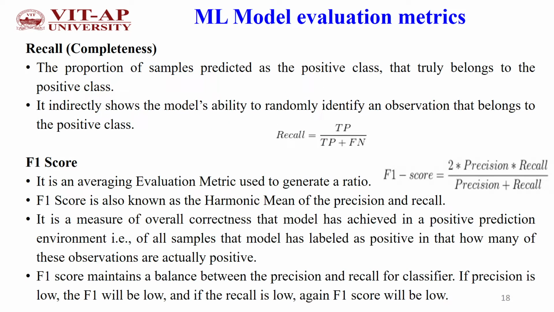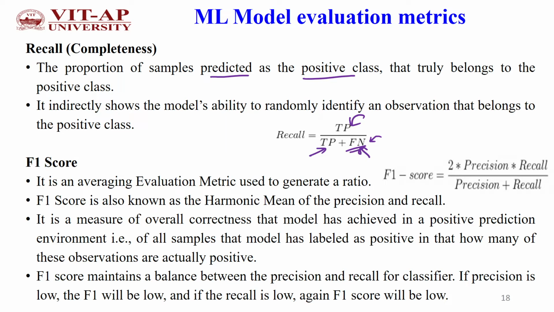Then recall is another measure which is used to predict the positive classes from actual positive classes. You look at that, true positive divided by true positive plus false negative, positive samples but detected as negative samples, false negative, right?